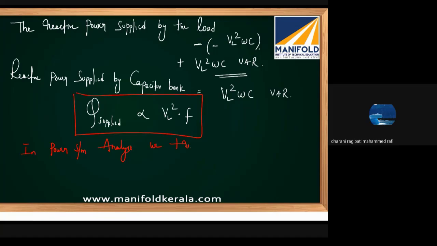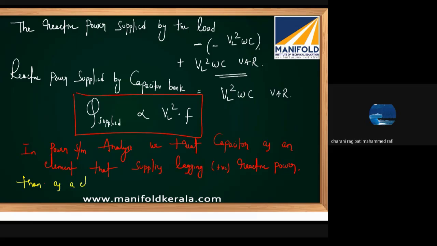In power system analysis, we treat capacitor as an element that supplies lagging, within bracket, positive reactive power, than as an element that absorbs leading, within bracket, negative reactive power.